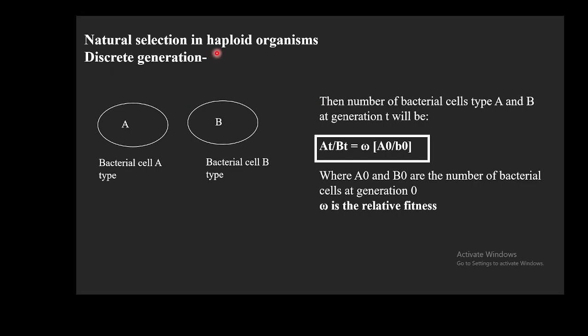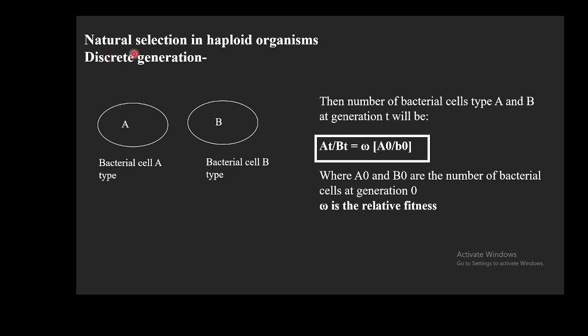And again, in the haploid organism, where there is only one set of chromosomes, there are two kinds of generation: the discrete or non-overlapping generation, and the continuous generation. In both of these generations, the rate of change in the frequency of the alleles is going to be different.